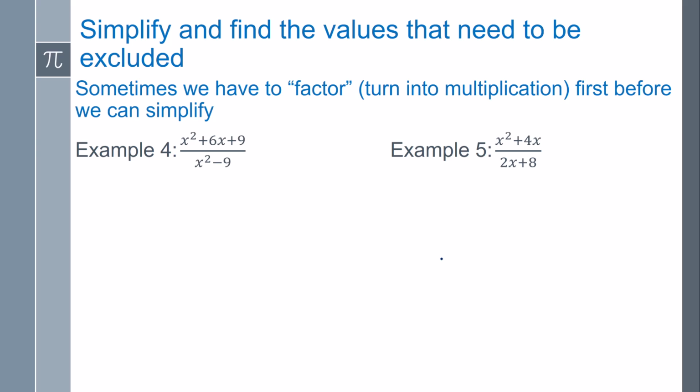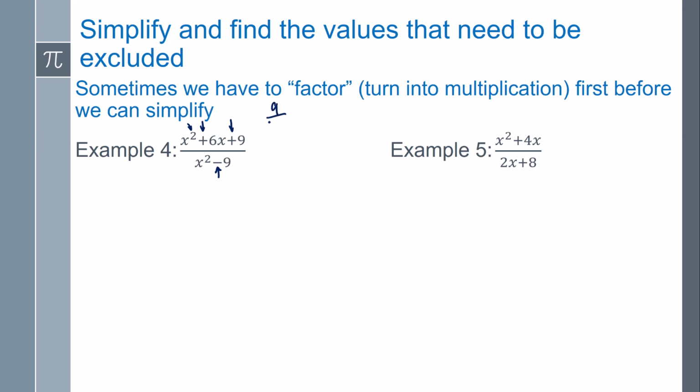Now, what happens if we get a value like this where it's not factored? You're going to have to factor it first, because these pluses and this minus here actually mean there are no factors. So we need to factor it first. This is a trinomial quadratic, a times c: 9.